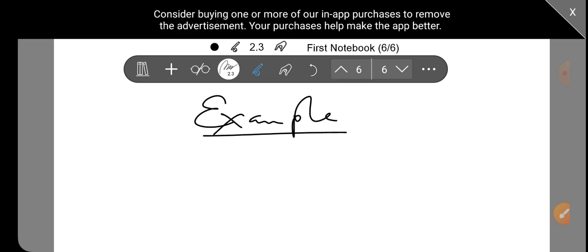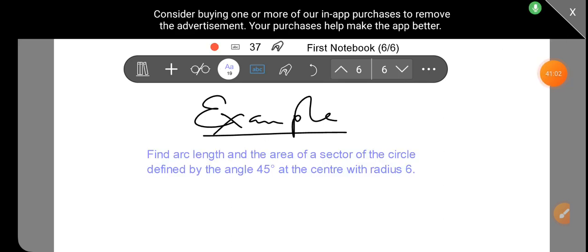So let me write the question. We have this example whereby they're saying find the arc length and the area of the sector of the circle defined by the angle 45 degrees at the center with radius 6. This could be anything, could be 6 meters, but here I've just said radius 6.